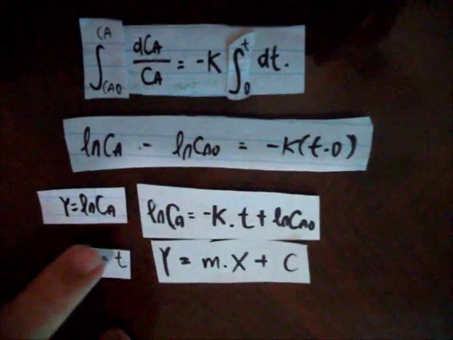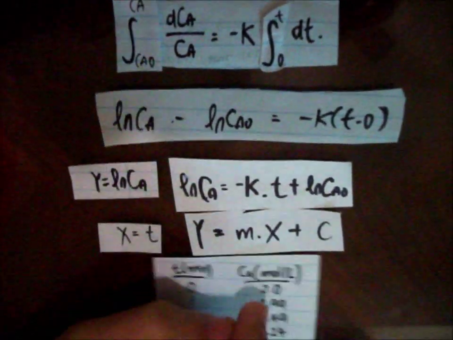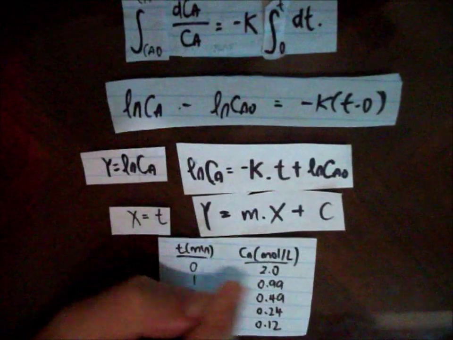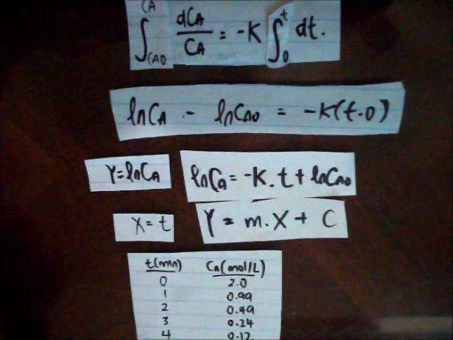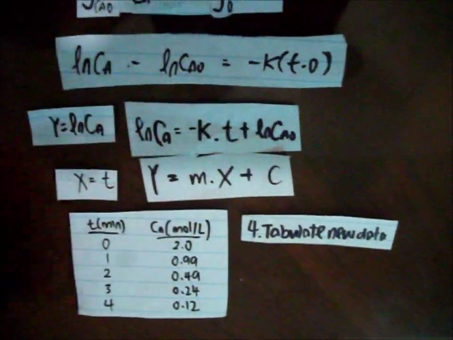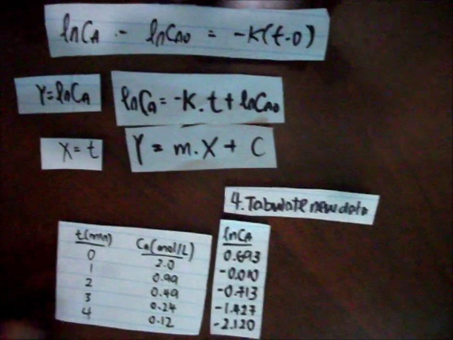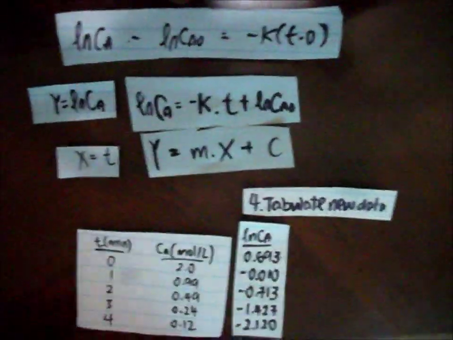In order to do that, we have to get the value of ln CA, because previously we only had CA and t. So the fourth step is to tabulate the new data of ln CA, which is here.